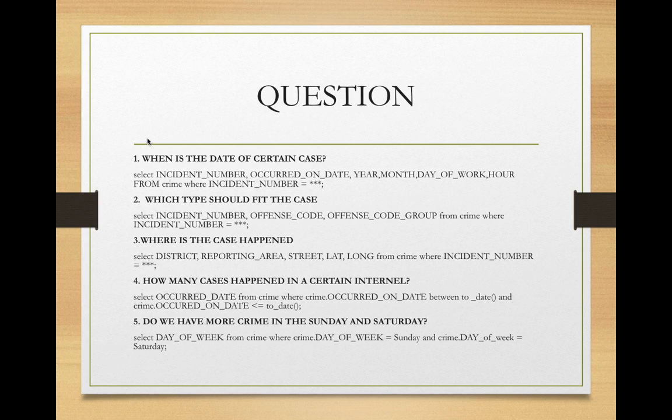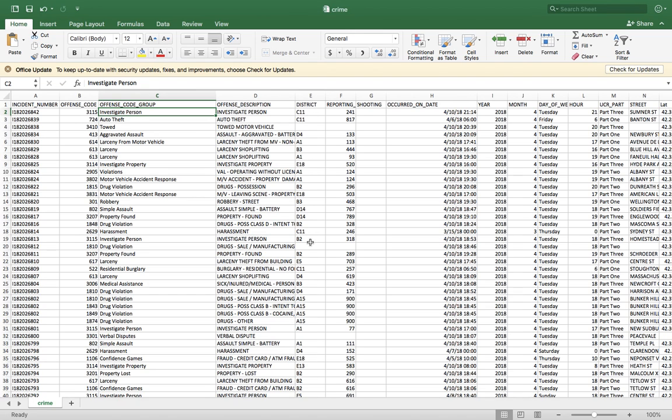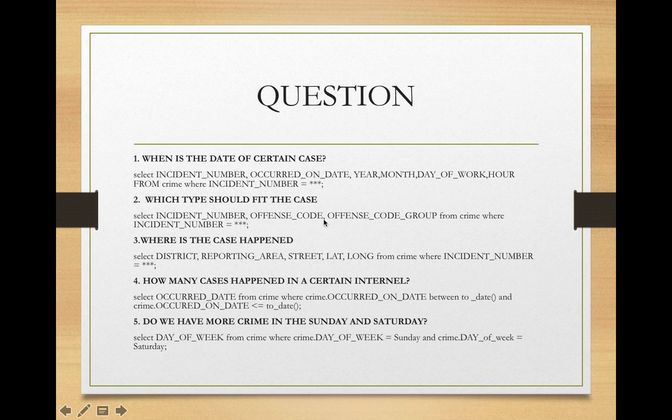We can use the group by function to group by district. So we can find the exact number of crimes that happened in each district from 8 a.m. to 10 a.m. That is another good question.